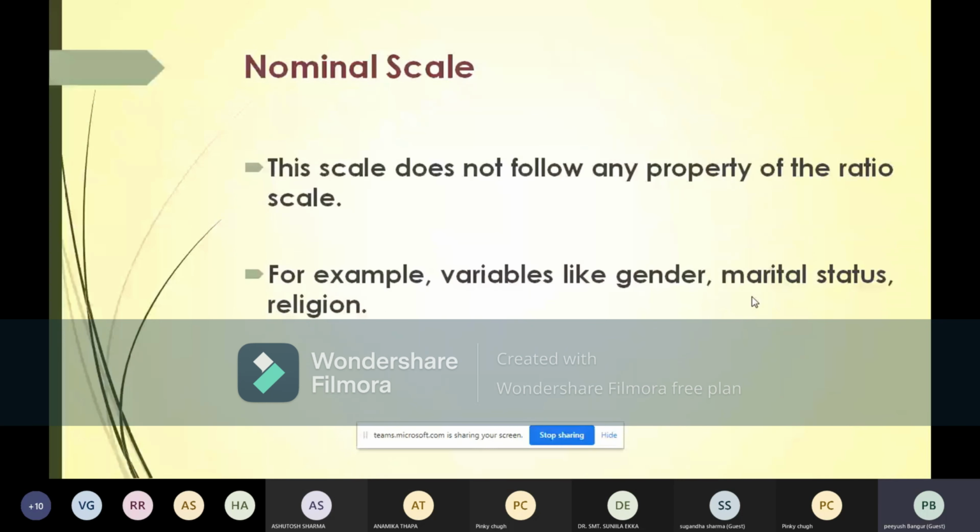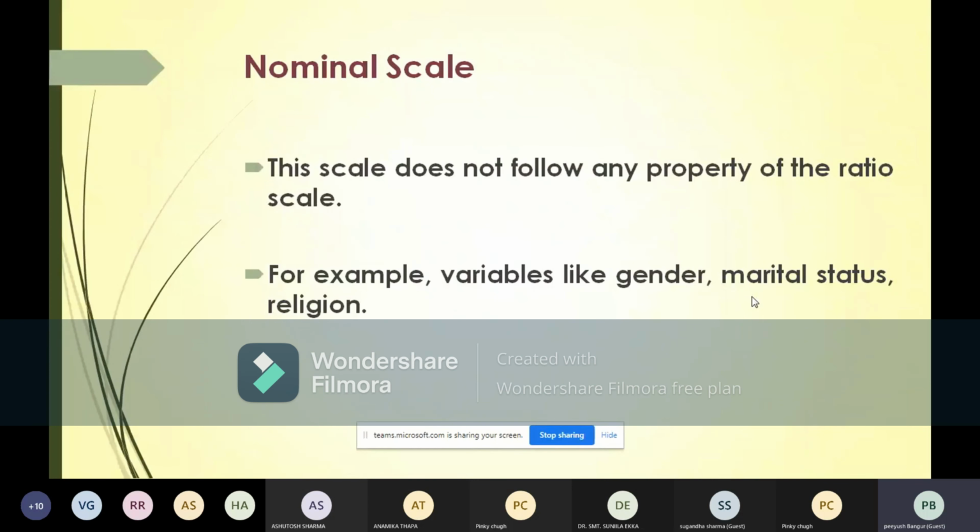Most of the research belongs to the nominal scale only. Very few come under the ordinal plus nominal. For example, variables like gender, marital status, and religion all come under the nominal scale.